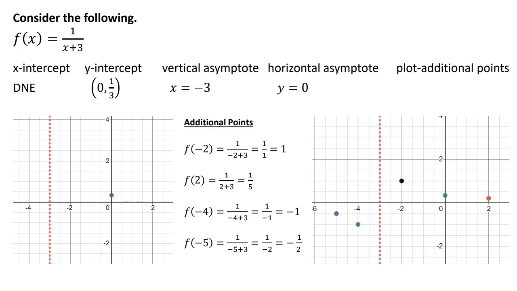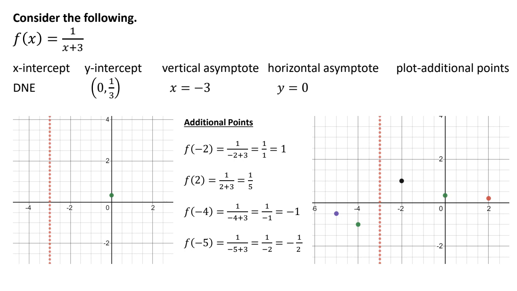If I were to plot these points, hopefully they are enough to generate our smooth graph. We know that our graph cannot cross the horizontal axis, so it's going to come from that line but never touch it or cross it, and it's going to come close, close, close to my vertical asymptote, really, really close, but never touch it or cross it.